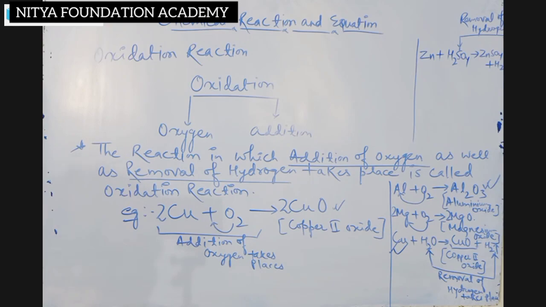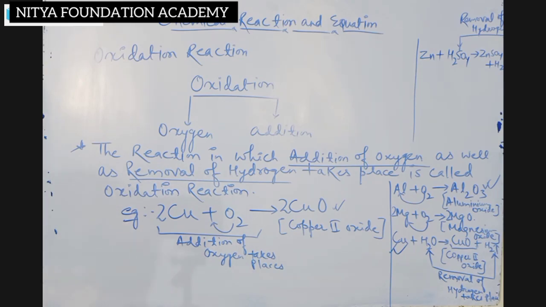Yes, iron plus water gives iron oxide, and hydrogen gas will be released from the reaction. Okay. Now in the above reactions, we can see that a metal oxide reacts with hydrogen, which removes the oxygen, and hydrogen makes water.